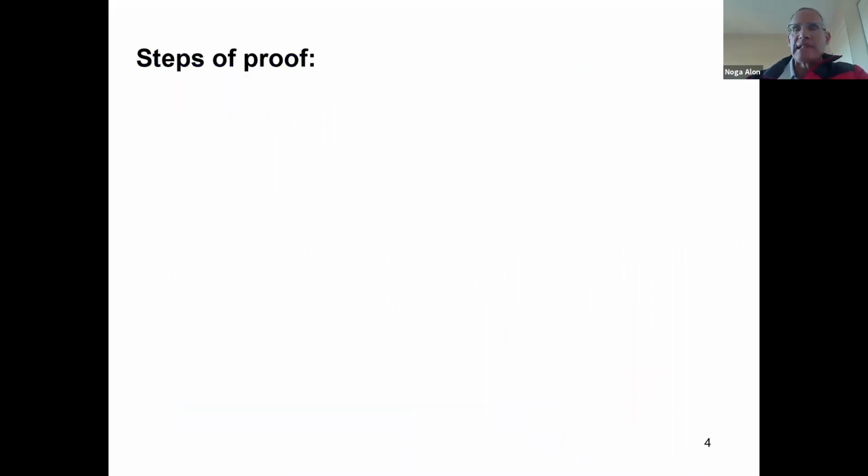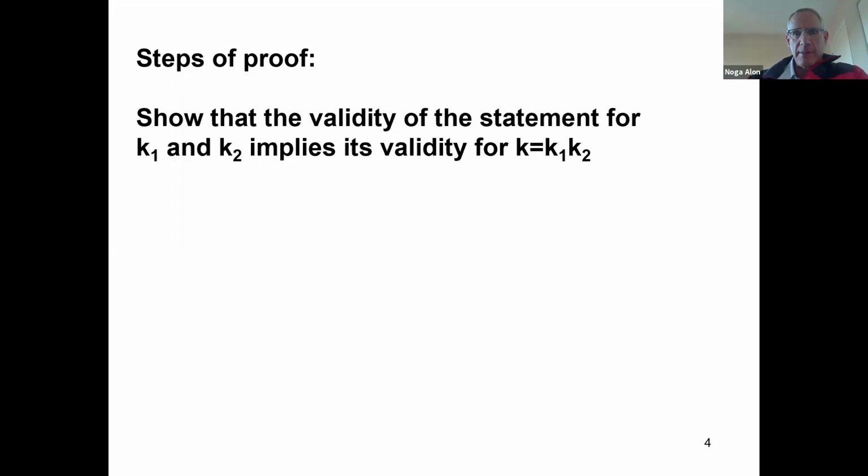Okay, I want to say something about the proof, just the steps of the proof. There are two simple steps and one that requires a little bit more work and is less constructive. Here are the steps. The first one is really an observation that if we know the result for a group of k1 thieves, or k1 collections, and we know it for k2, then we know it for k1 times k2.